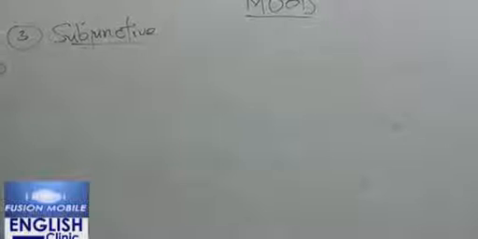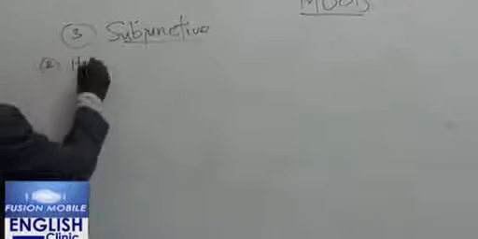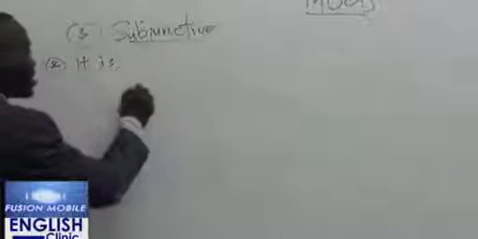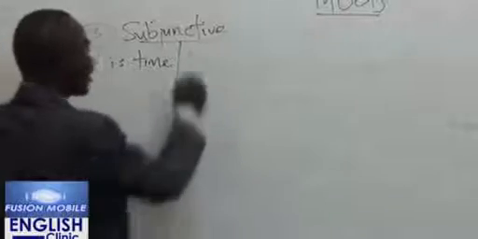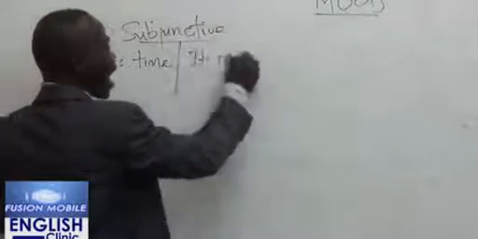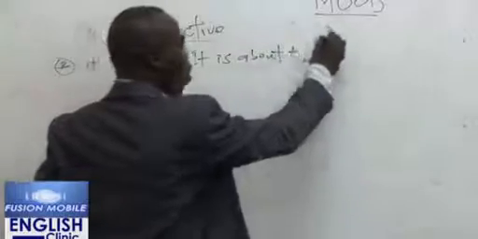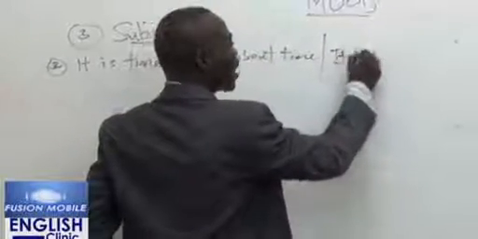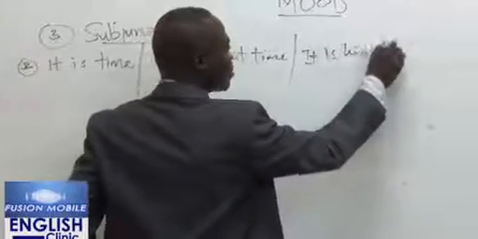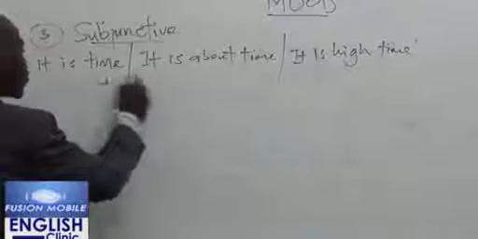We want to indicate that it is late, and we use expressions like it is time, or it is about time, or it is high time plus subject.